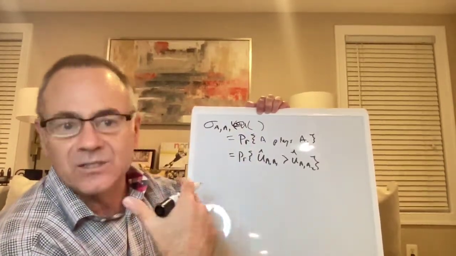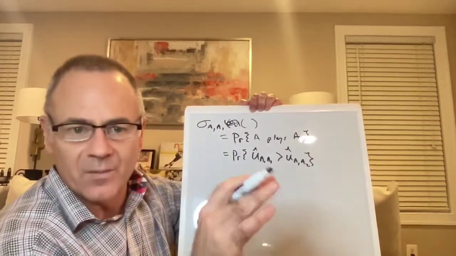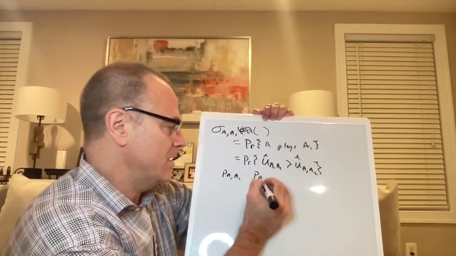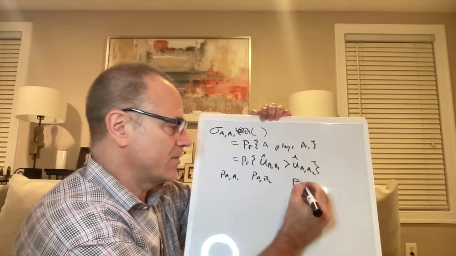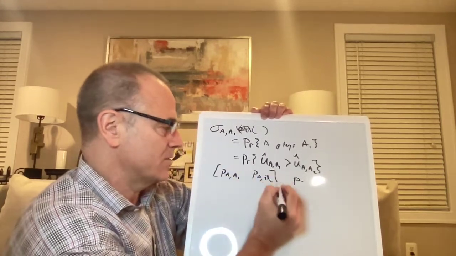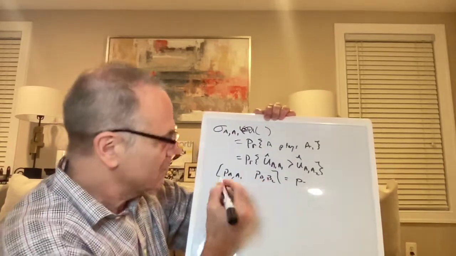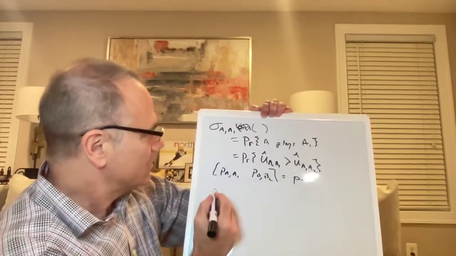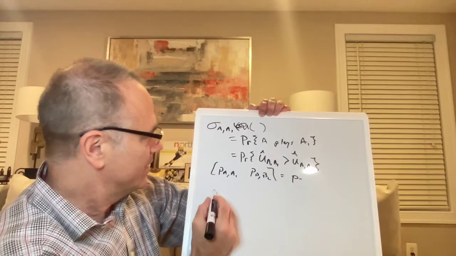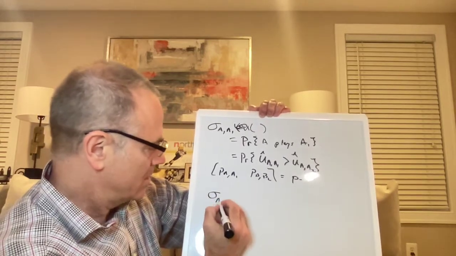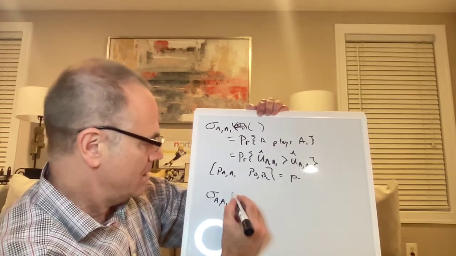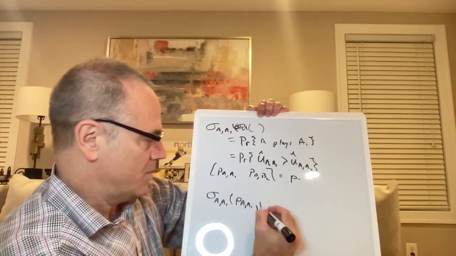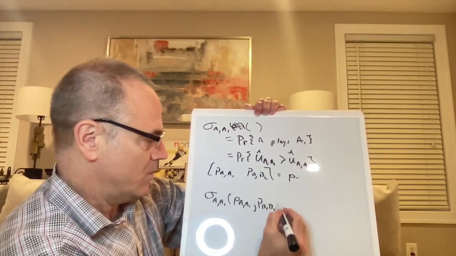But for the moment, let's just focus on one parameter, the p's, PA A1 and PB B2, and just call that vector P. Actually, I'll just write out PA A1, PB B2 rather than write P. So what we have is sigma A1 is a function of PA A1 and PB B1.